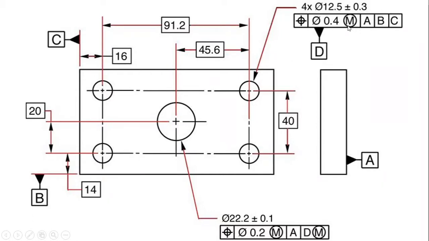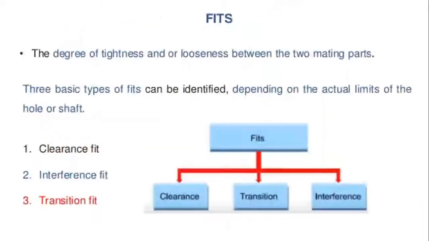This is the maximum material condition, and A, B, C are the datums of the other side. This is the datum line, datum B, datum C, datum D, datum A. This is called geometrical dimensioning and tolerancing symbols.